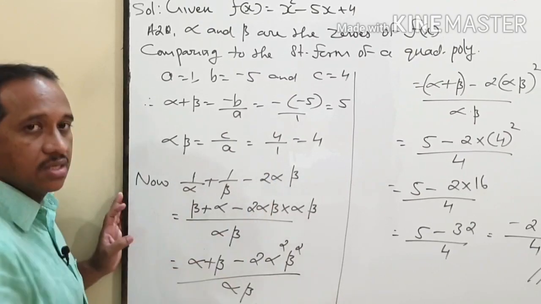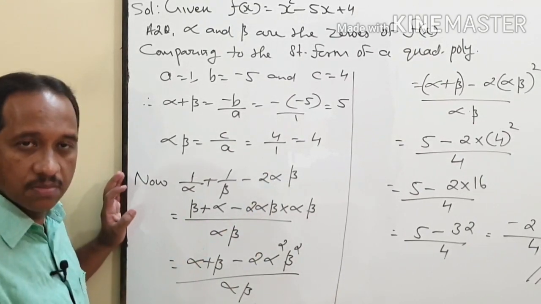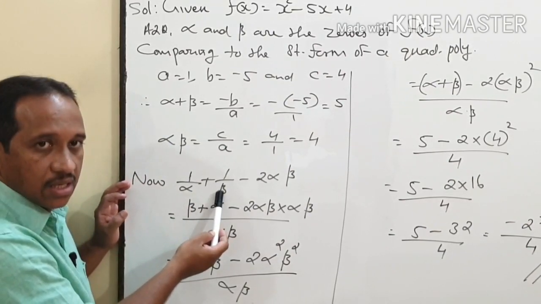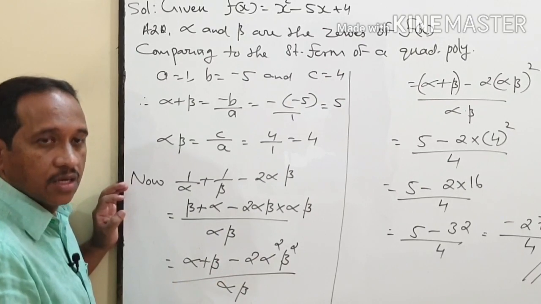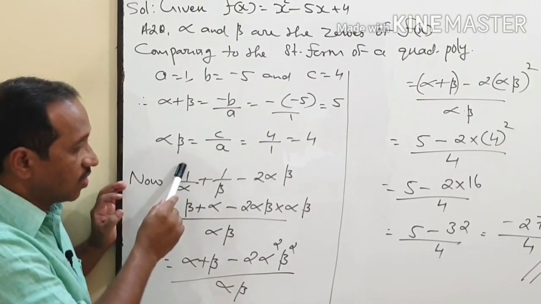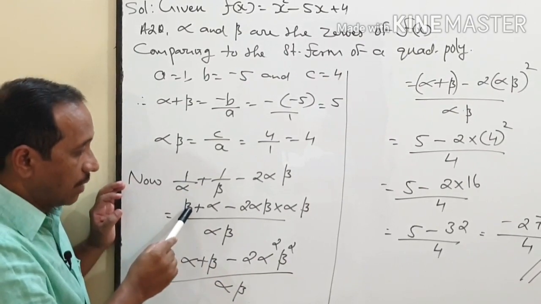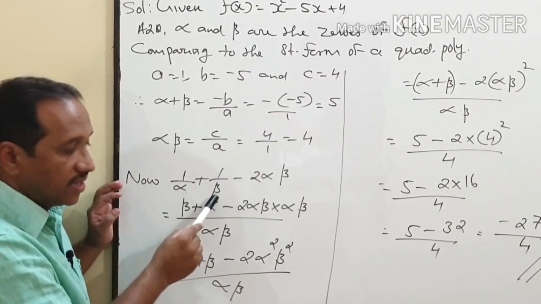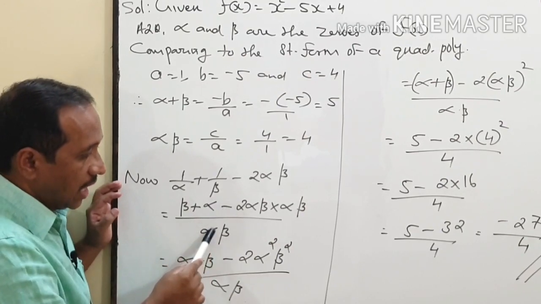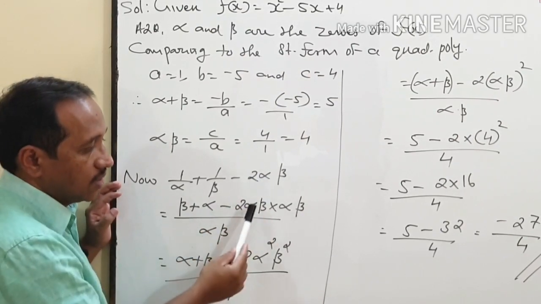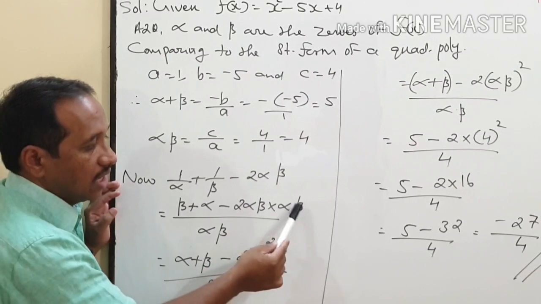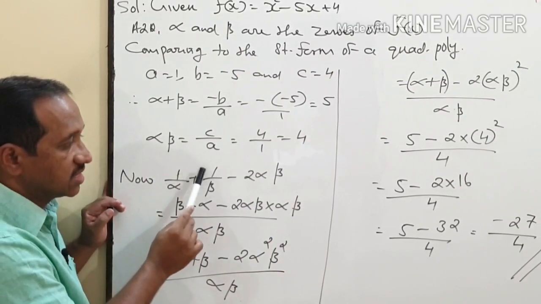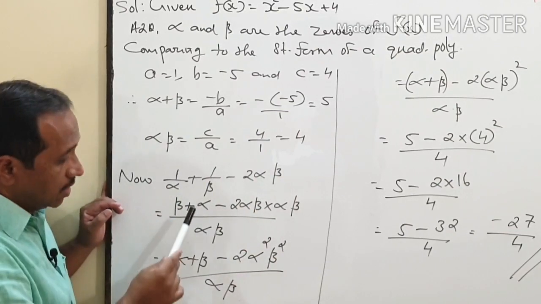So this expression is going to be simplified by using the LCM. The LCM of alpha and beta is alpha beta. Multiplying this alpha beta with 1/alpha, we get beta, plus alpha beta into 1/beta, we get alpha, minus alpha beta into 2 alpha beta, that is 2 alpha beta into alpha beta. Here the LCM is multiplied with each term of the expression.